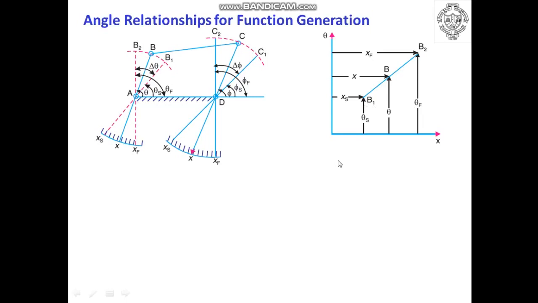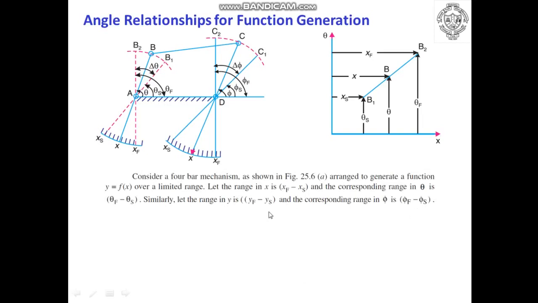Similarly, when x has a displacement equal to x, the angular displacement is theta, which is point b. And when the linear displacement is xf, the angular displacement is theta f, shown by point b2.